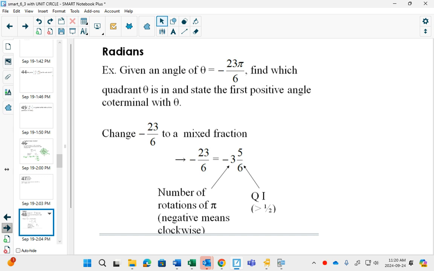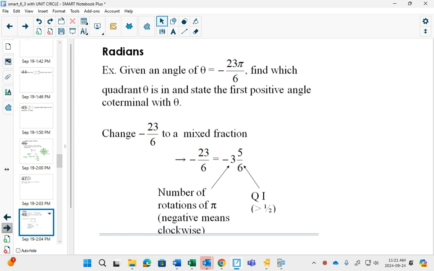First of all, according to your pi plate, this is going to be coterminal with one of your pi over 6 families. So I know that this is either going to be coterminal with pi over 6, 5 pi over 6, 7 pi over 6, or 11 pi over 6. I just need to find out which quadrant it's in.